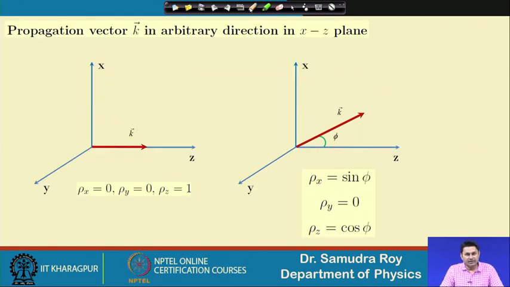So, that was the equation we used earlier. Now in the next case we put some kind of condition. We just put the values of rho x, rho y, rho z. In the first problem we put rho x equal to 0, rho y equal to 0 and rho z equal to 1.